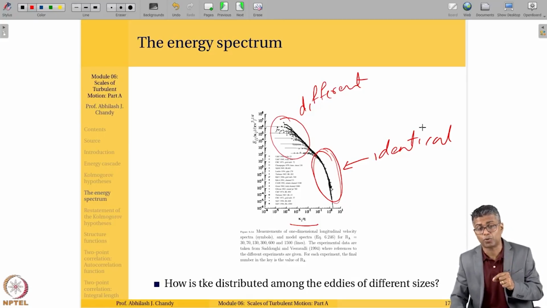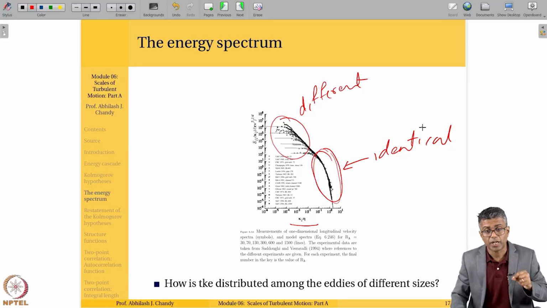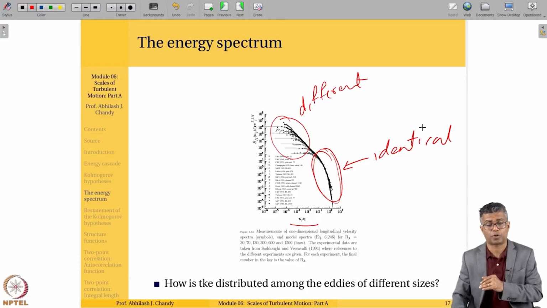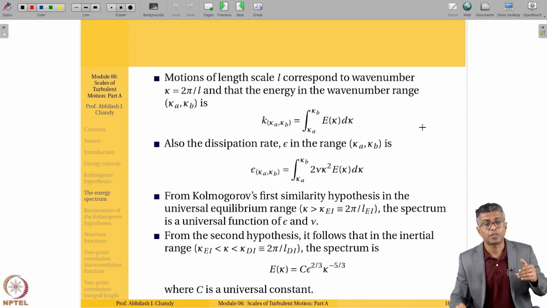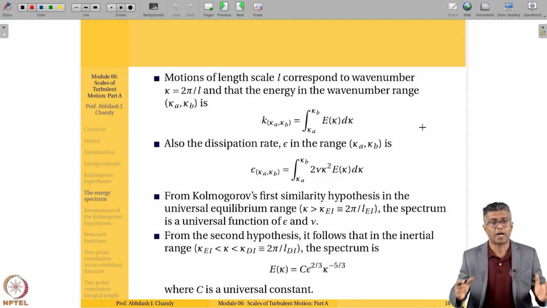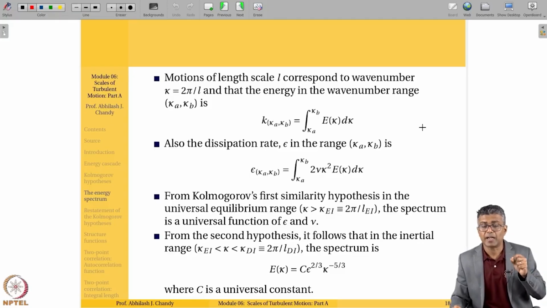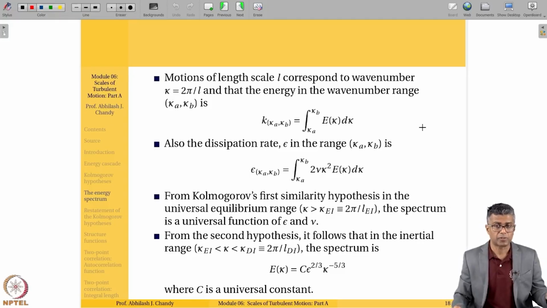But the additional point I'm trying to make through this graph is about addressing the question: how is the turbulent kinetic energy distributed across the eddies? For that, we need to think about the spectrum as some kind of a function. And now you have to start thinking differently from the length scales.